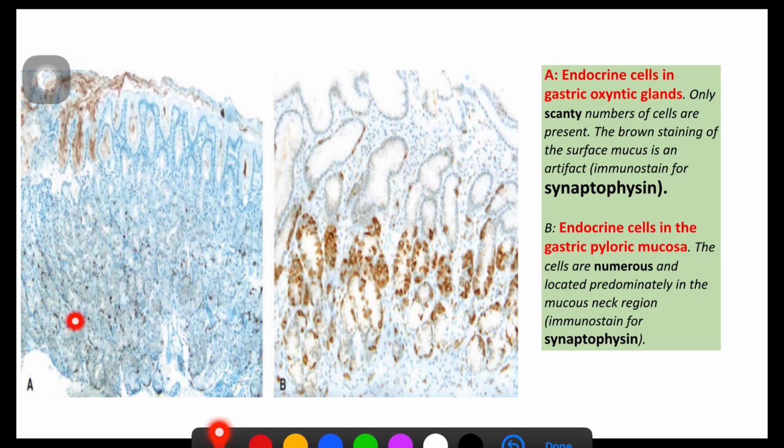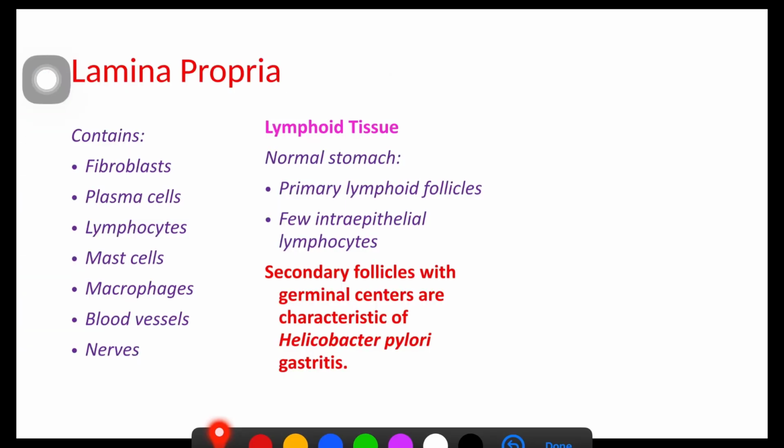So in the oxyntic area, scanty cells, whereas in the pyloric area, an abundant number of synaptophysin positive endocrine cells are seen.